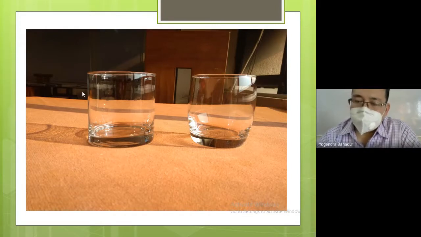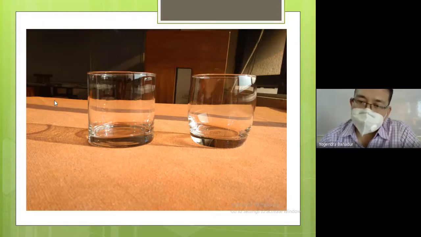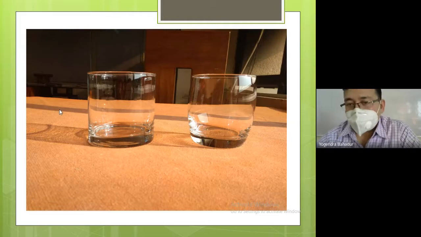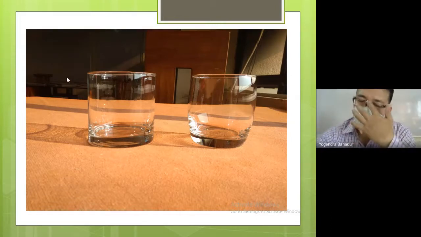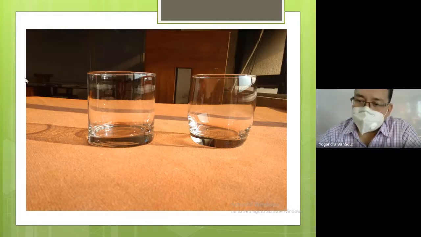The quantity of this old fashioned glass is 12 fluid ounce, and it is generally used to serve spirits. Spirits means whiskey, rum, that kind of thing. So rum and whiskey can be served using this old fashioned glass.